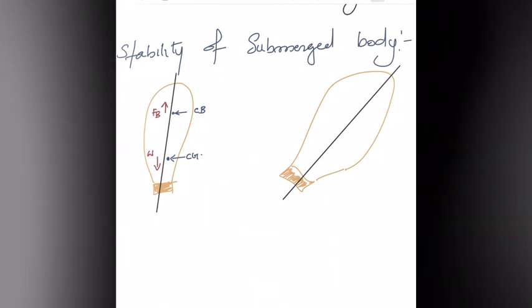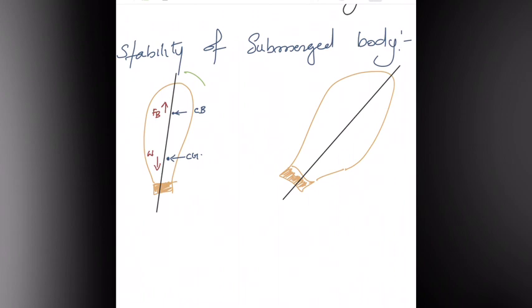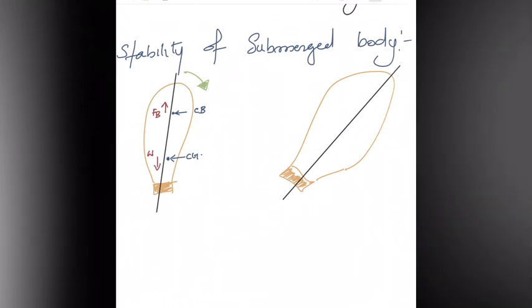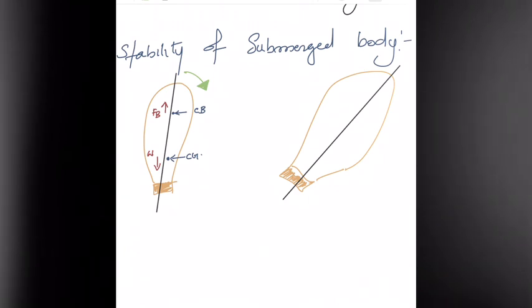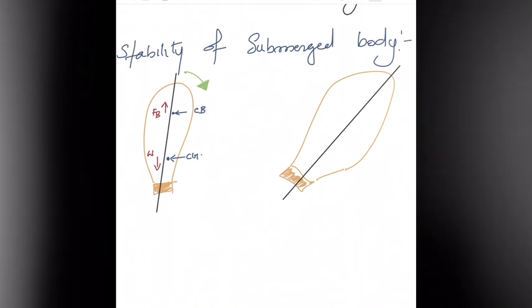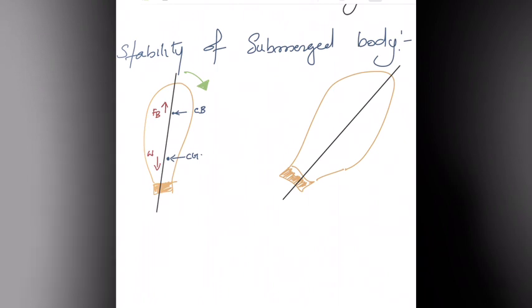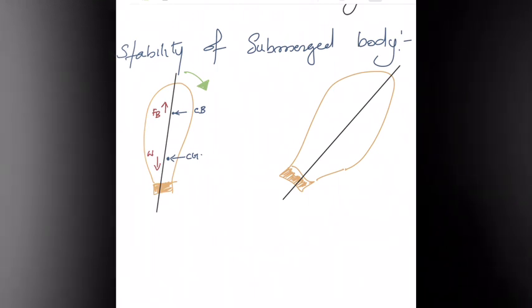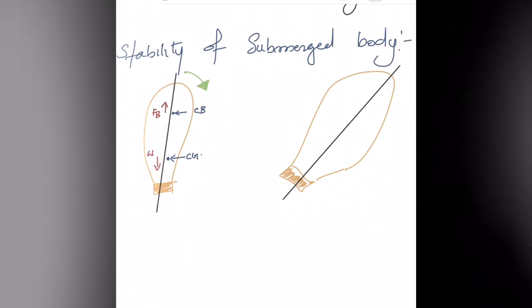Now here I am going to give a small tilt to this balloon. The green arrow marks the angular displacement that we are going to apply. Due to this slight tilt, the first figure will transform to the second figure.